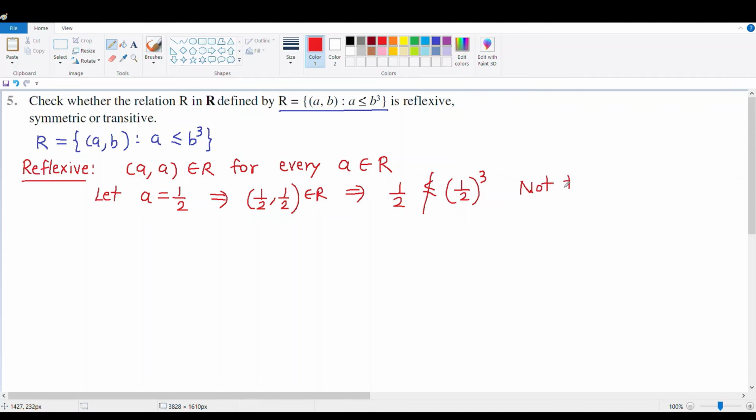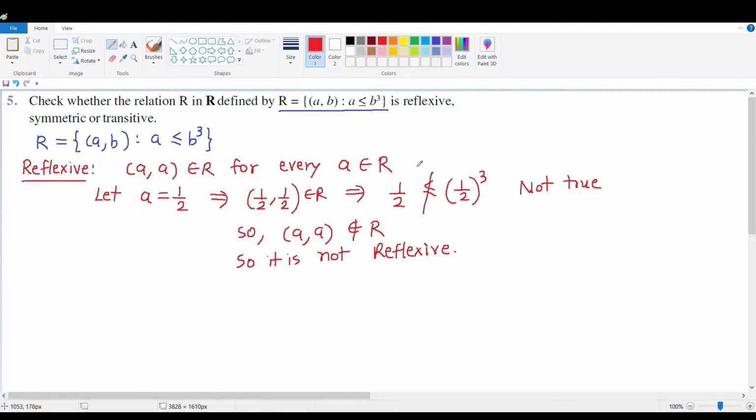So (a, a) does not belong to R, and so it is not reflexive. Why? Because 1 over 2 is greater than 1 over 8. You are doing the cube of this, so it's going to be 1 over 8. So 1 over 2 is way bigger than 1 over 8. So it's not true. That's why it is not reflexive.